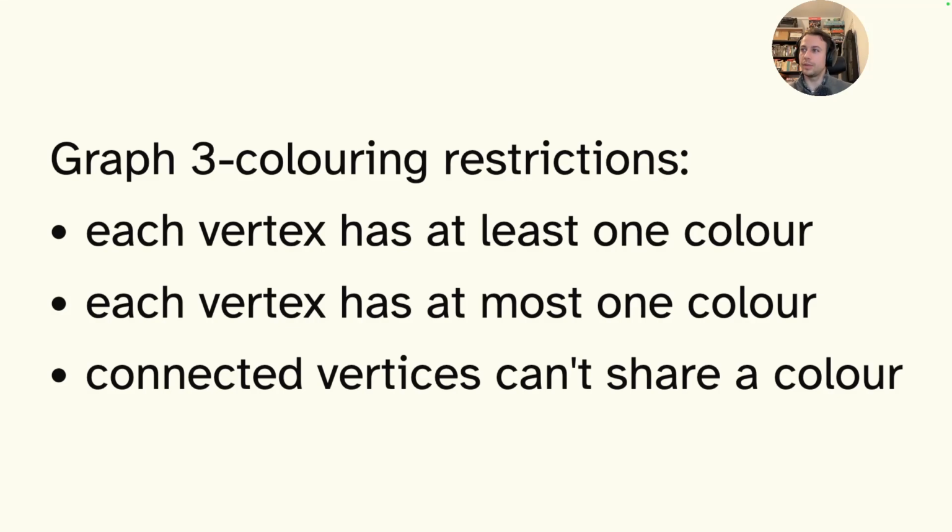The reason we split them is because in the world of Boolean expressions, we need to be more verbose to be able to encode this restriction. So we split the 2, and then also the connected vertices cannot share a color.